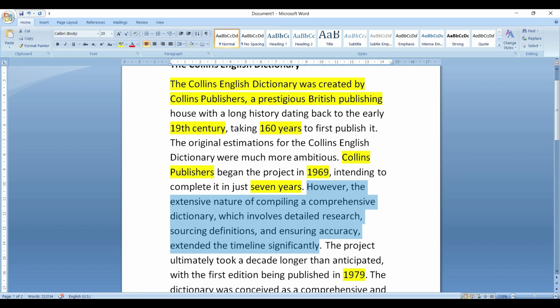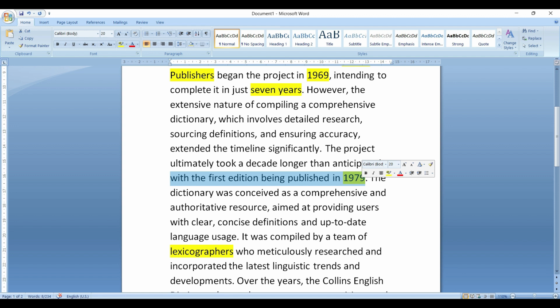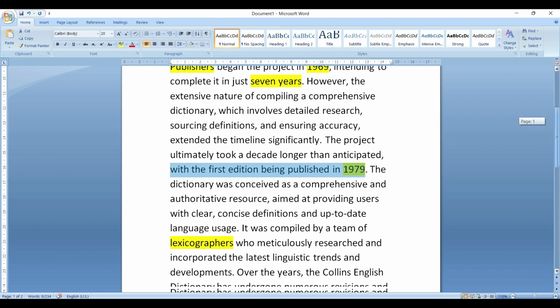Okay, but we still don't know for how much longer. So the project ultimately took a decade longer than anticipated. Here's our answer. Let's move on, with the first edition being published in 1979. So this is when the project was finally completed, 1979.